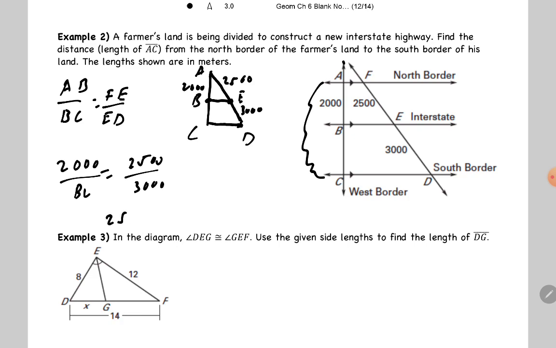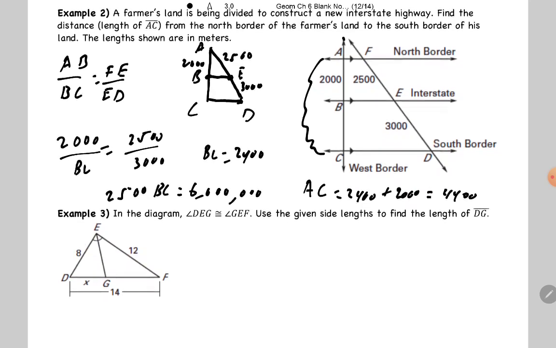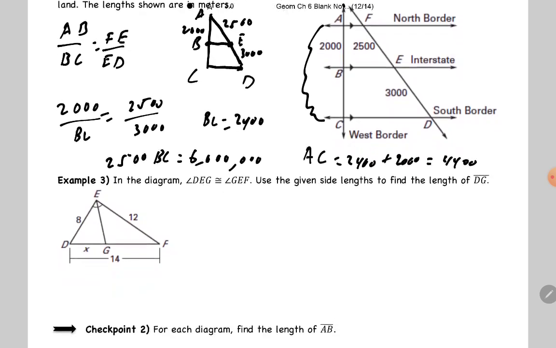We'll get 2,500 BC is equal to 6 million, divided by 2,500, and we'll get BC equals 2,400. So the length of AC is 2,400 plus our 2,000 for a grand total of 4,400 meters.